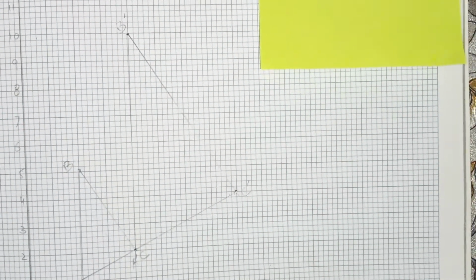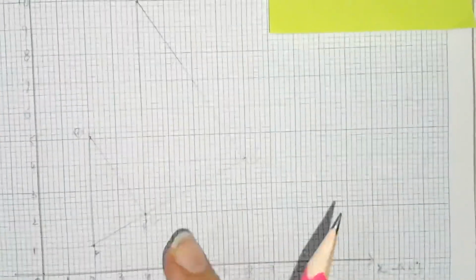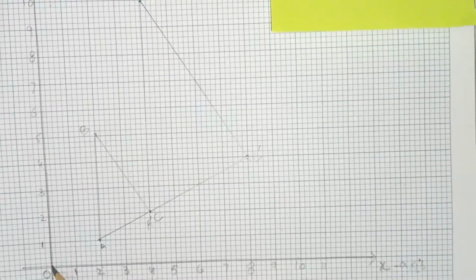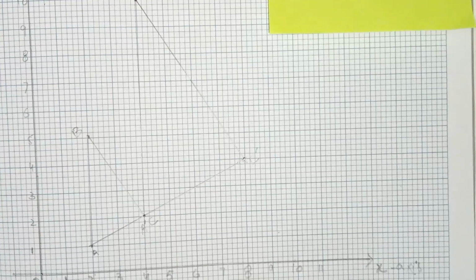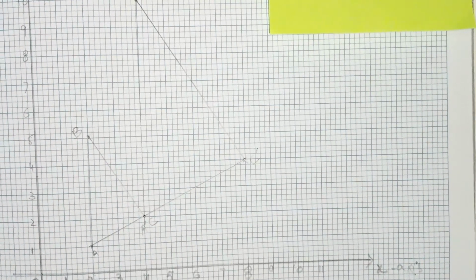And now students, this is the enlargement of this figure by the scale factor 2, and its point of enlargement is the origin. And now students, question number 2 is solved.